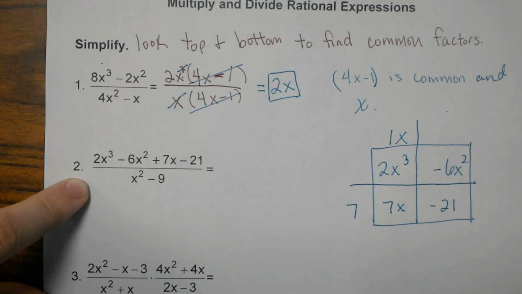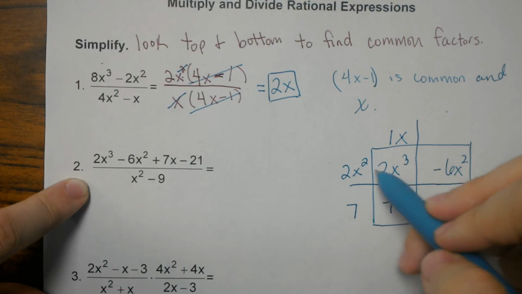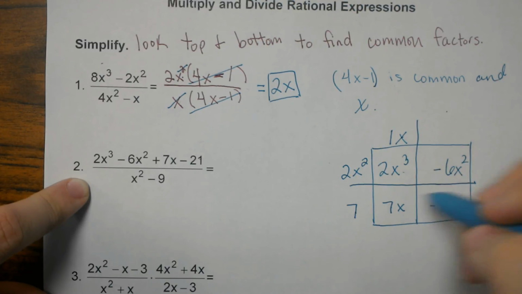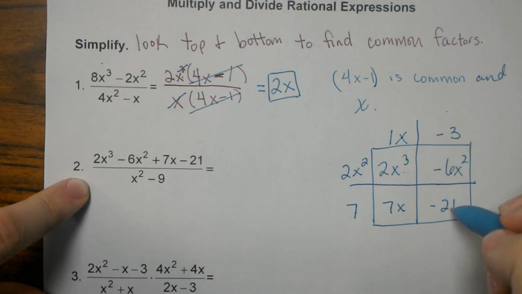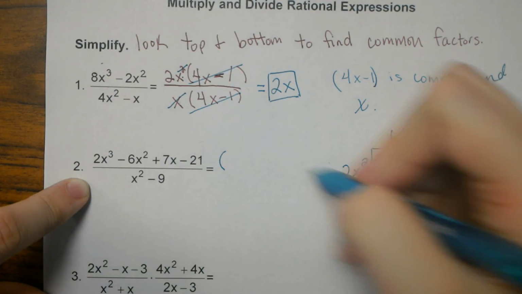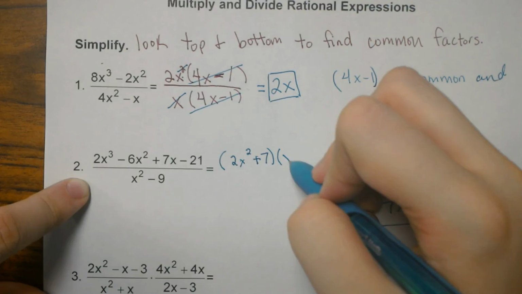These have an x in common. X times 2x squared gives me 2x cubed. And 7 times negative 3 gives me negative 21. So my numerator is 2x squared plus 7, x minus 3.